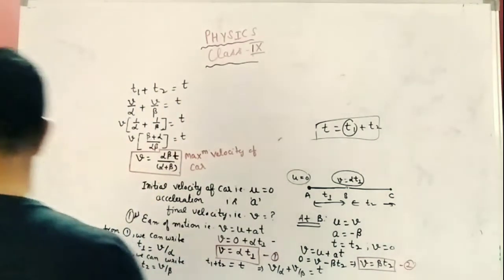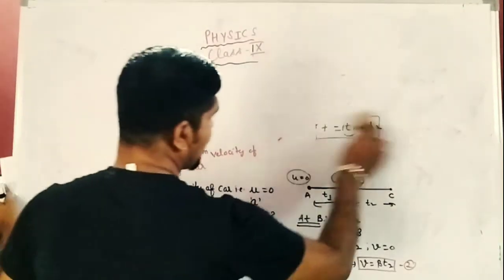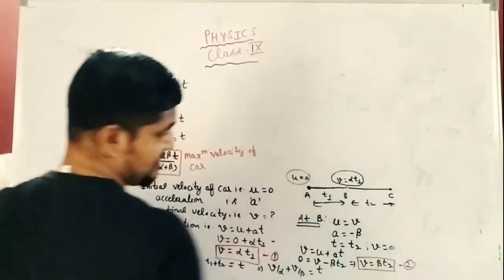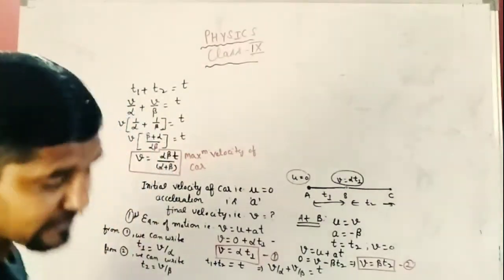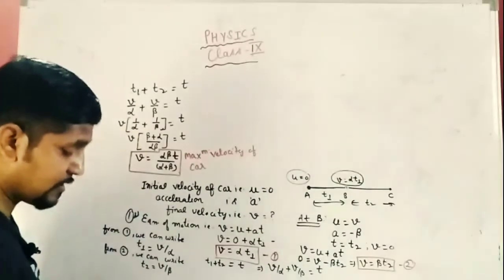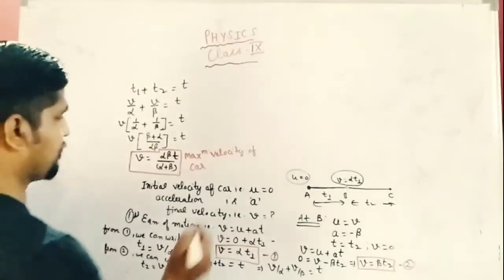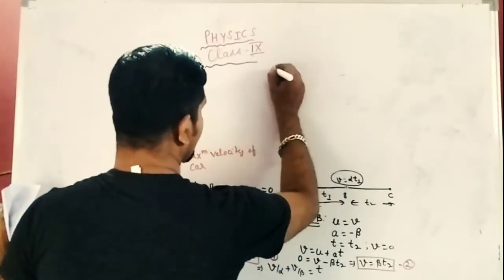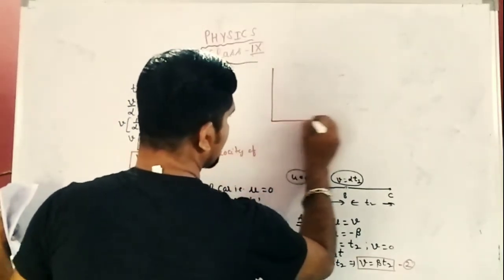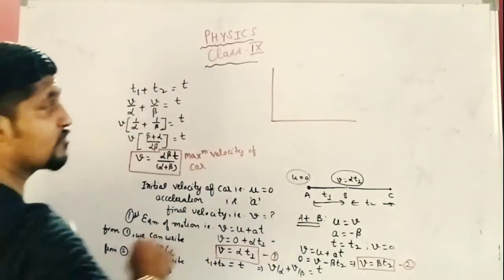Come on to the second part. For the second part, because we have to find the total distance and we have the velocity and timing, I have to draw the graph for the given statement, and then I will be able to find the total distance. It should be a velocity time graph.